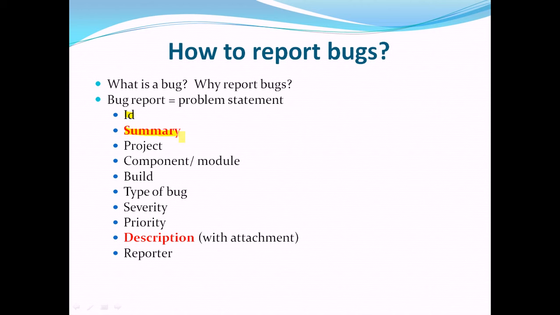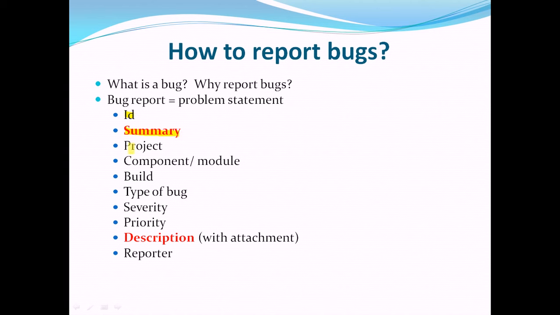Summary should just state what the problem is in simple words, in a small number of words, so that anyone who is looking at the summary is immediately able to understand what this bug is about.